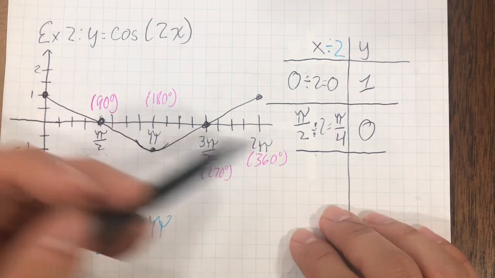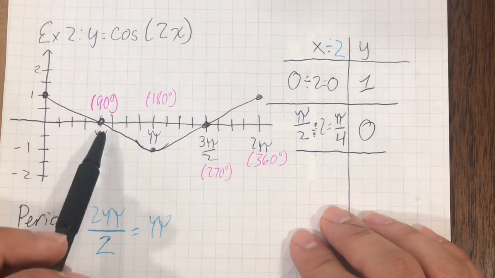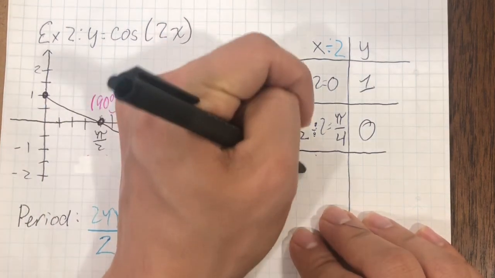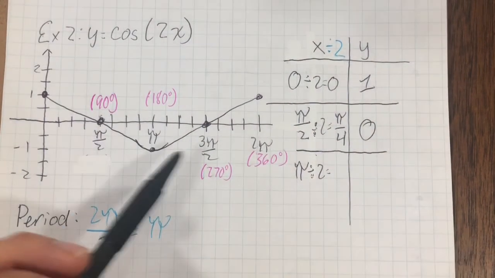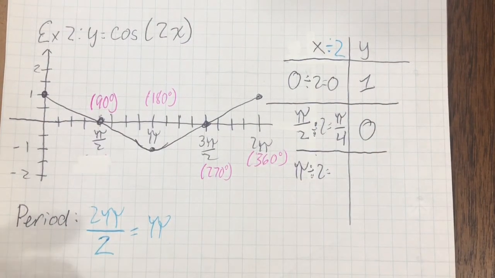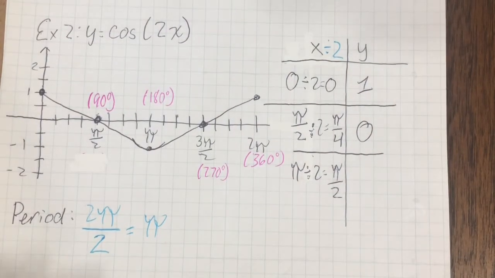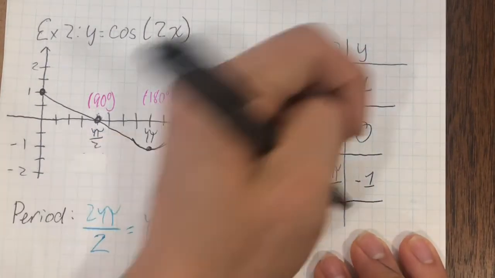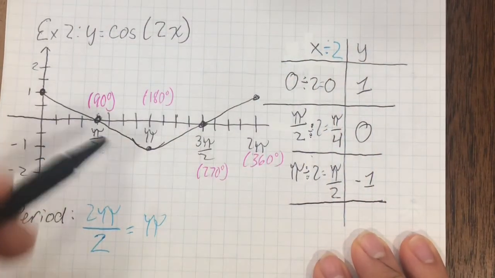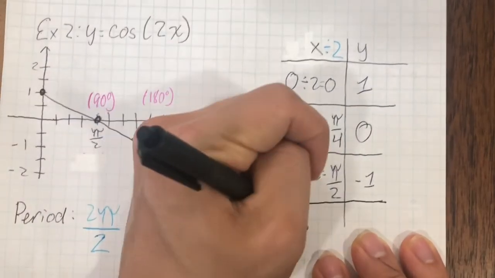So now let's go ahead and move on to pi over 2 to pi. So I have pi, and I'm going to divide it by 2. Luckily, both of these are whole numbers, so it just becomes pi over 2. All right? And pi over 2, comma, -1. And then we have the next point, which is 3 pi over 2. And I divide that by 2.